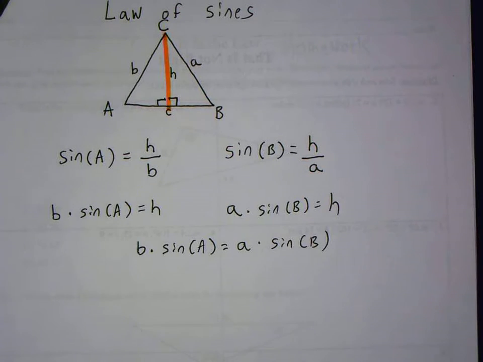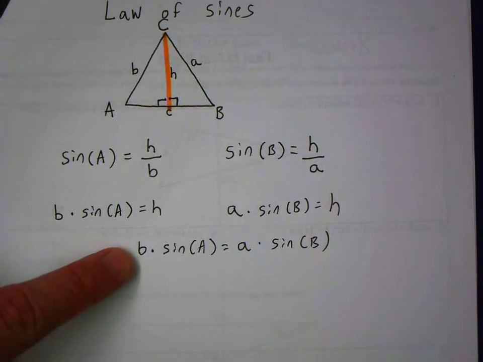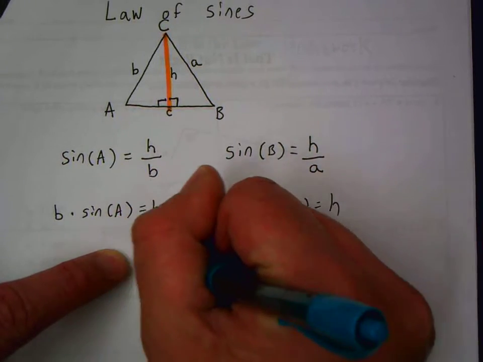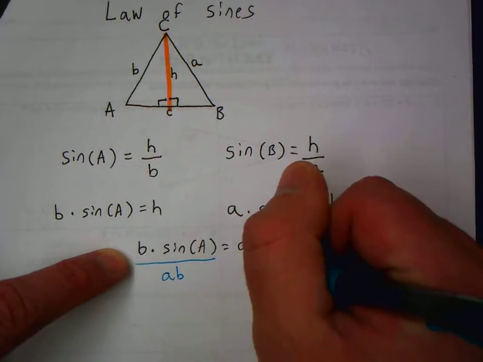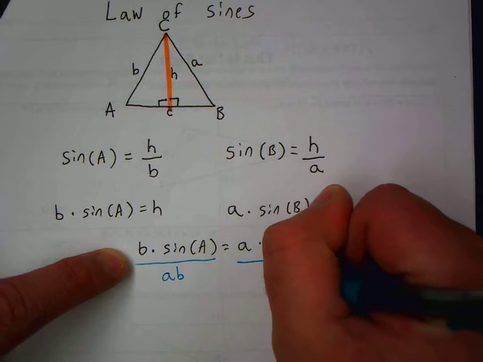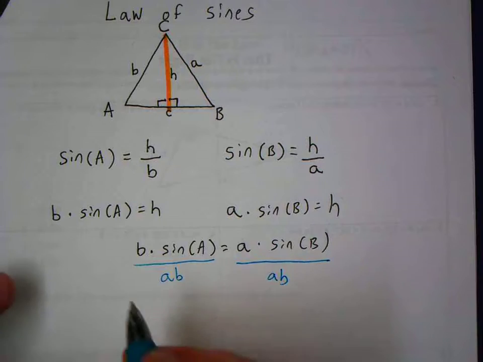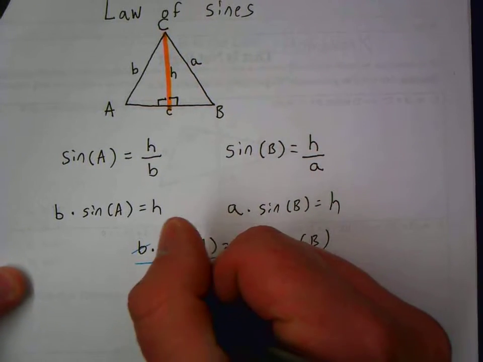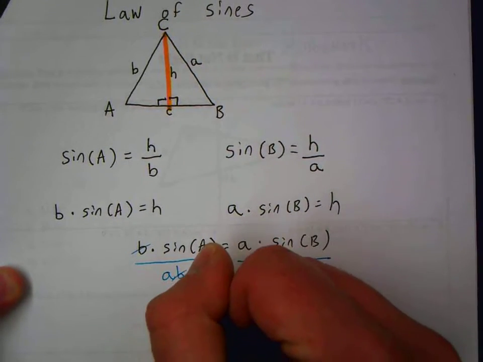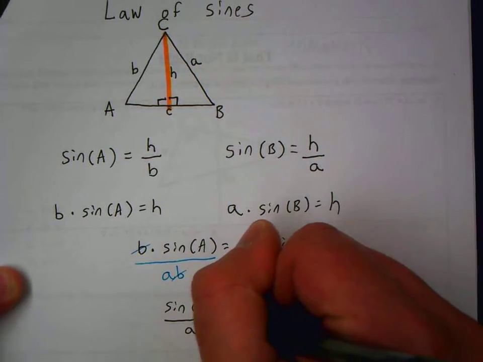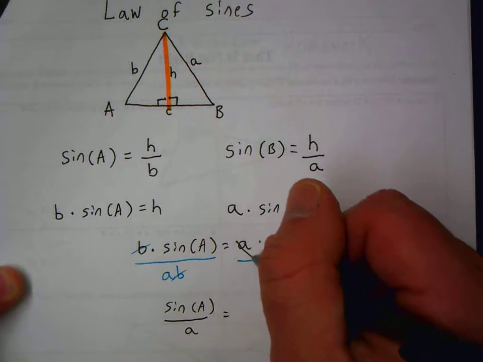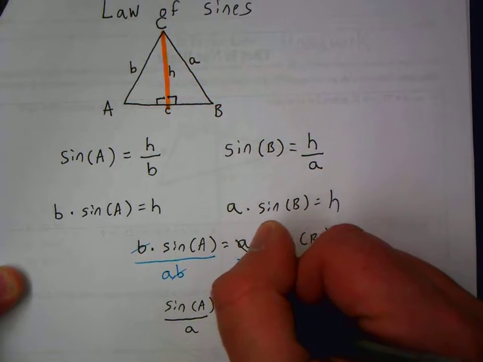This is called a proof, by the way, when you're proving something. Next, let's divide both sides by ab. It's a property that you can divide both sides by whatever you want. I divide by b, and I get sine of A over a equals, here these a's cancel, and I get sine of B over b.